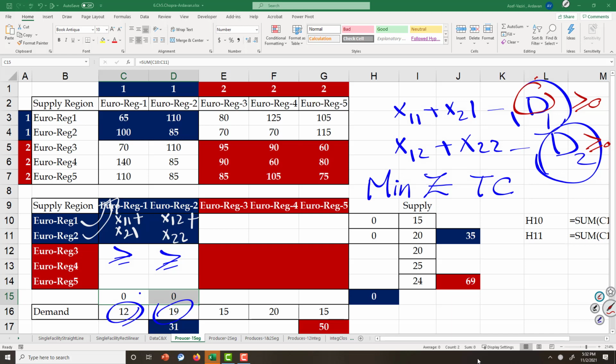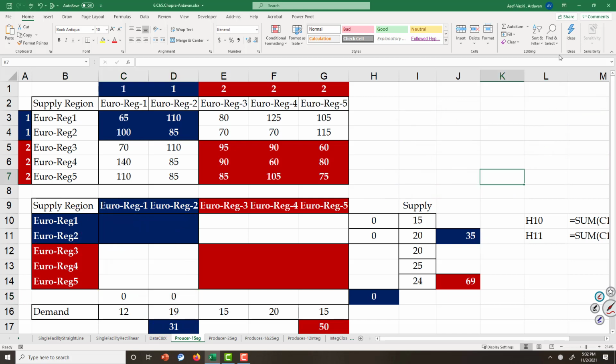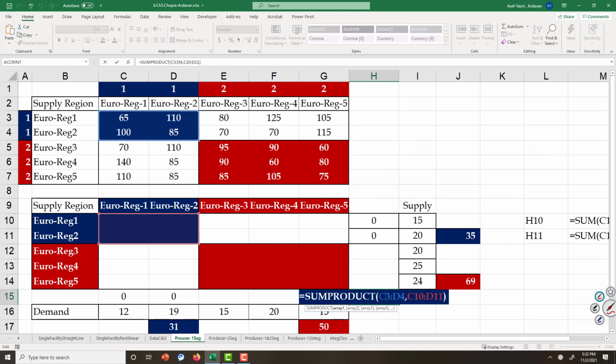Note that total supply of the two origins of this firm is 35 and total demand is 31. So we can always find a feasible solution. Feasible solution is a solution which satisfies all constraints. I have already declared my constraints, and my objective function is sum product of these costs multiplied by these decision variables.